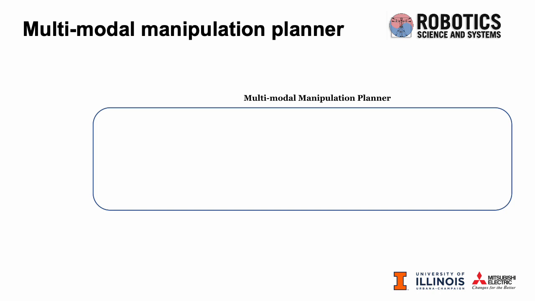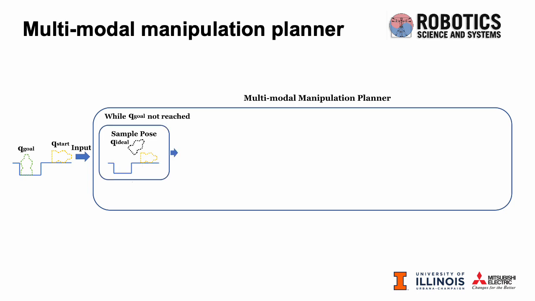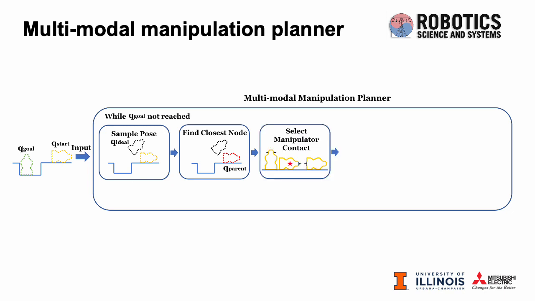The second contribution of the paper is to demonstrate the utility of STOCS as a local planner in a sampling-based planner. Given the start and goal pose of an object, the multi-modal manipulation planner will loop through the following steps while the goal hasn't been reached. First, a random pose Q-ideal is sampled in the configuration space. Then the closest node Q-parent is found in the tree.